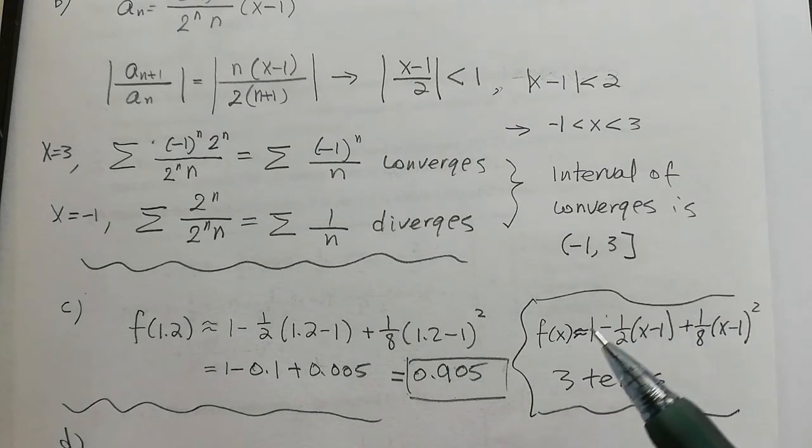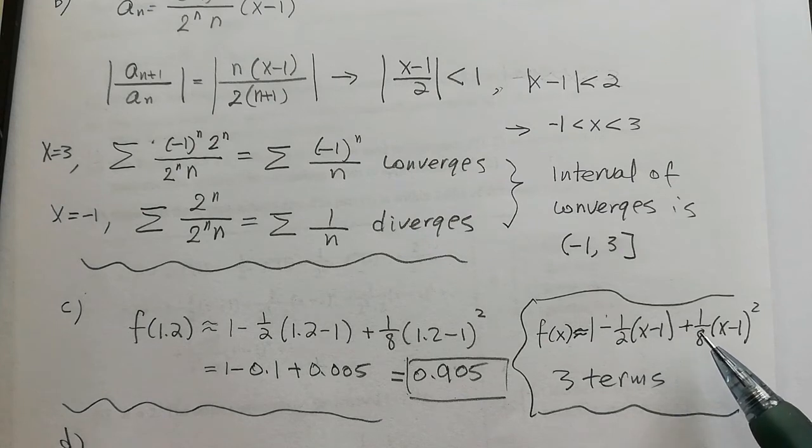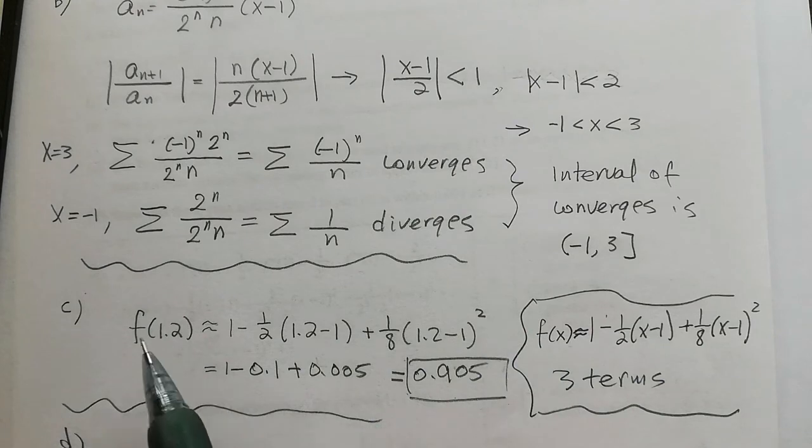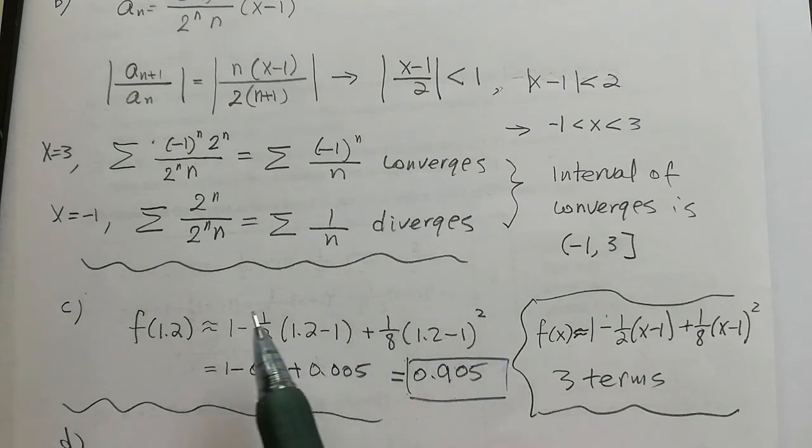Okay, the first thing I did was I just copied the first 3 terms from part A. At this point, all I need is to substitute x with 1.2. So I'll let this equal 1 minus 1/2 times (1.2 minus 1) plus 1/8 times (1.2 minus 1) squared. And when you simplify this expression, you get the answer as 0.905. Make sure you keep 3 digits after the decimal point.